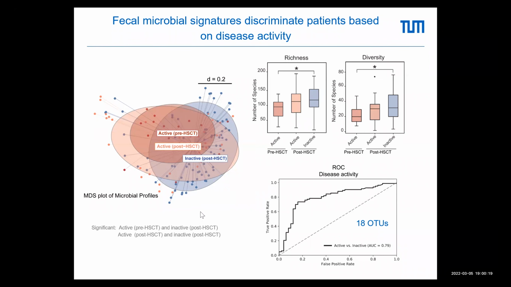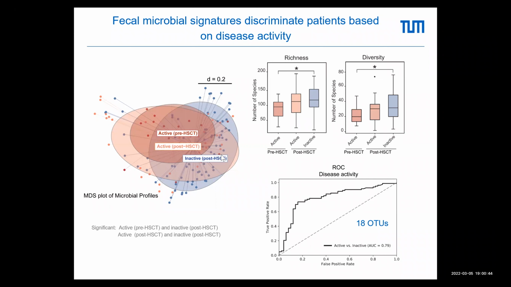All right. So what we wanted to do here is to look at the full cohort again and to see how the microbiome profiles look. In red here, we have all samples from patients that are in active disease.